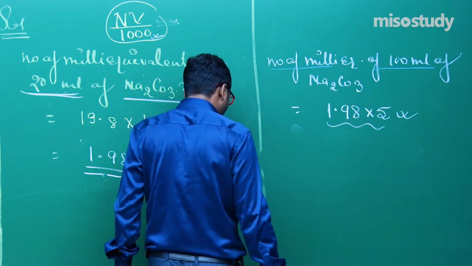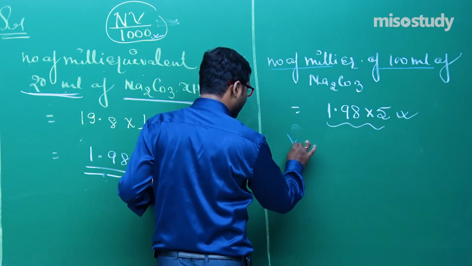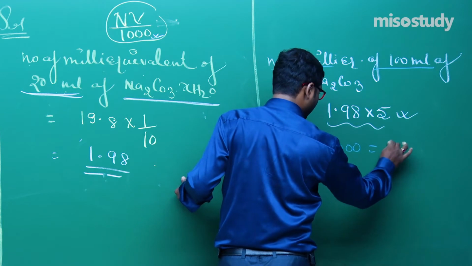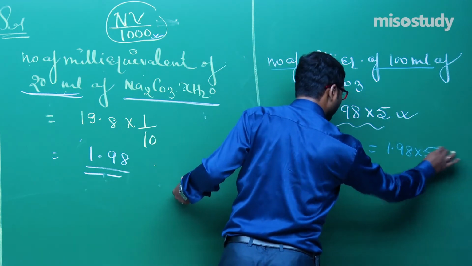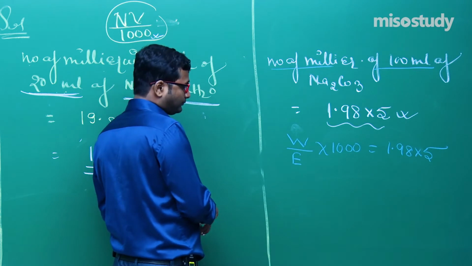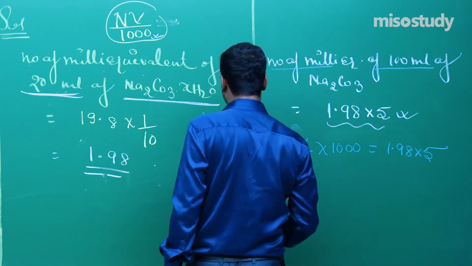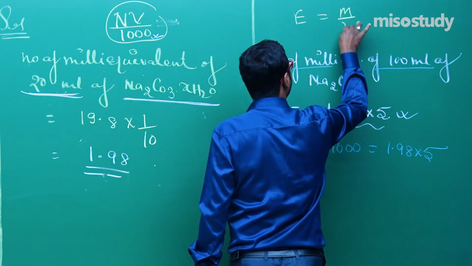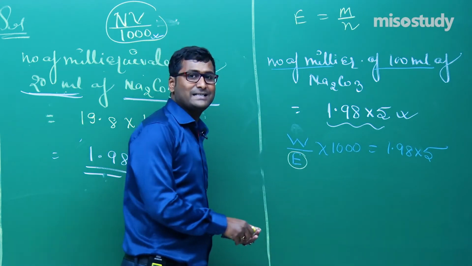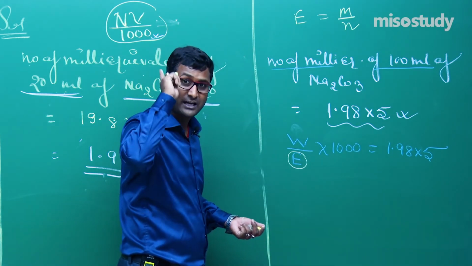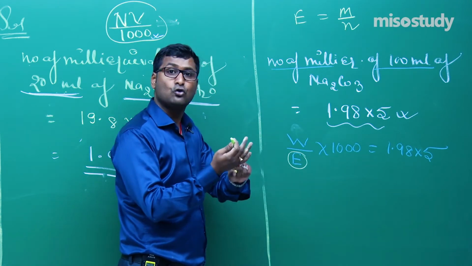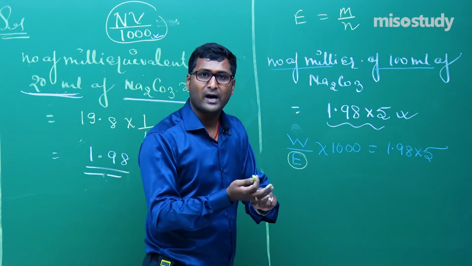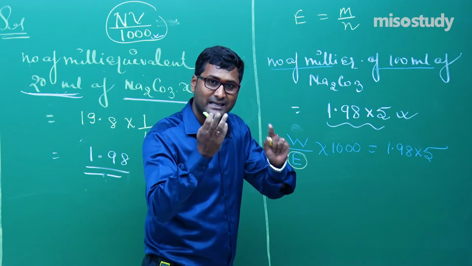Milli equivalent, as I told you, is given mass upon equivalent mass multiplied by 1000, which is equal to 1.98 multiplied by 5. Now, what do you mean by equivalent mass? Equivalent mass is equal to molar mass upon n. Here for Na2CO3, n is equal to 2. During my lecture session, I have discussed how to find the equivalent mass of acid, base, salt, oxidizing and reducing agent.